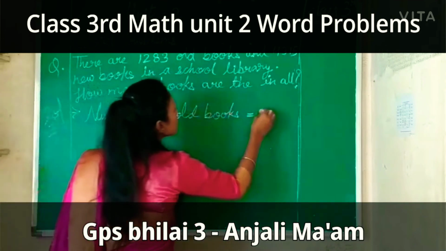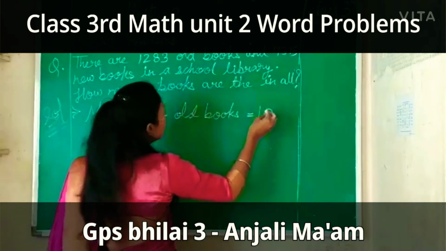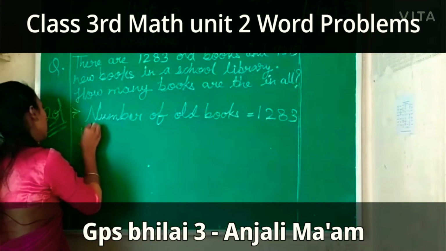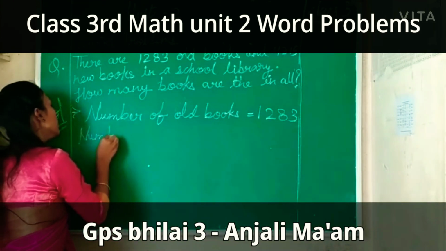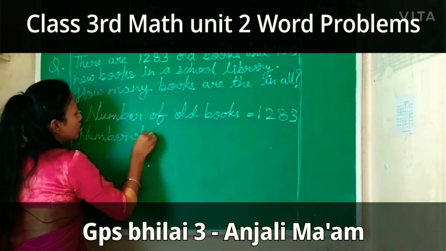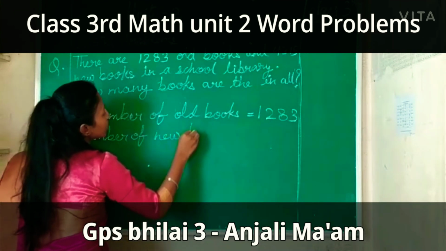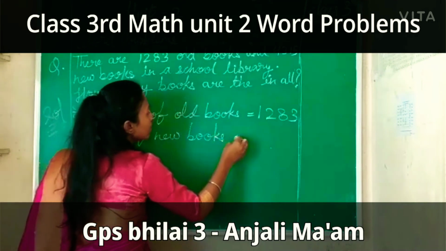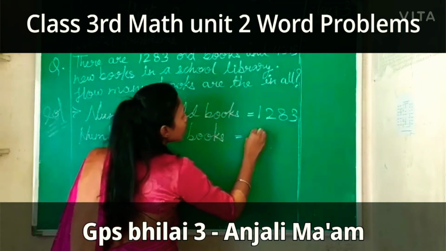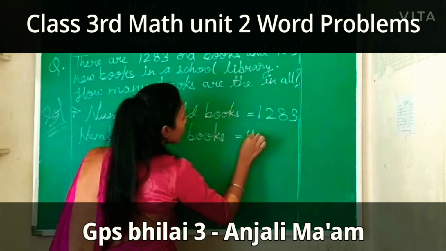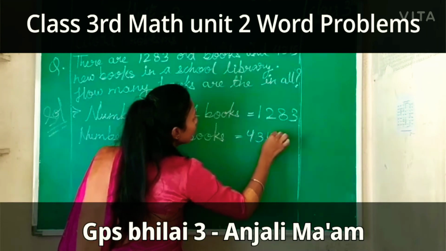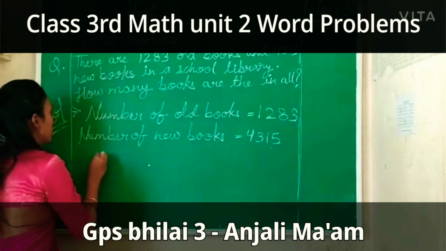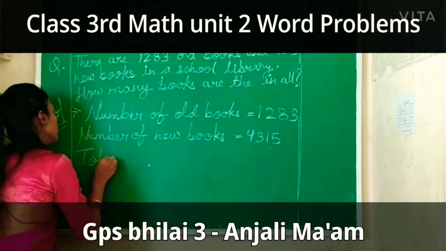There are 1283, and the number of new books is 4315. So we have to find the total number of books.